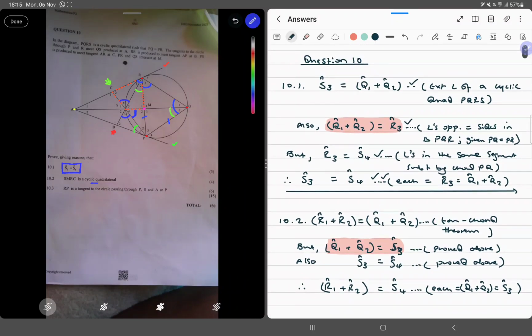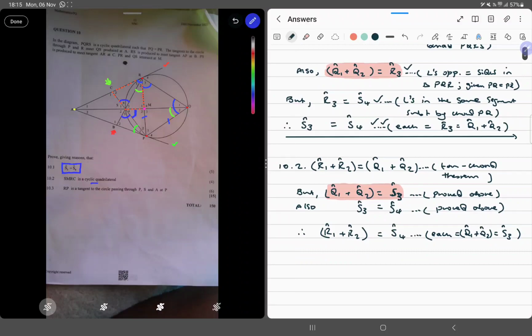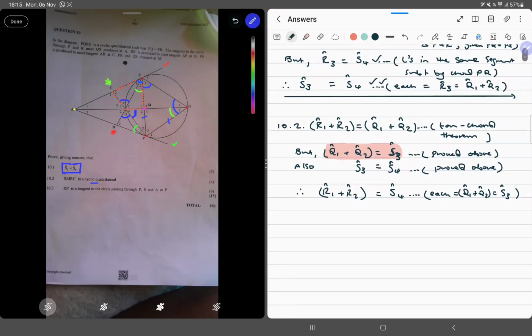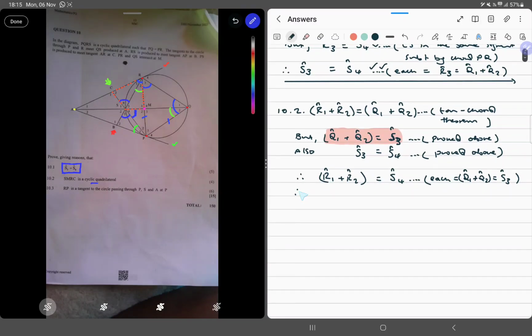overseas. Anyway, so we can see that, since we proved that angle R1 plus R2 is equal to angle S4, can you see that's an exterior angle of a cyclic quad essentially. So now we can conclude that therefore this SMRC is a cyclic quad.